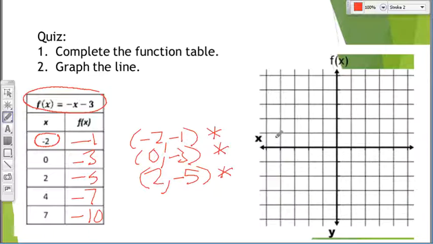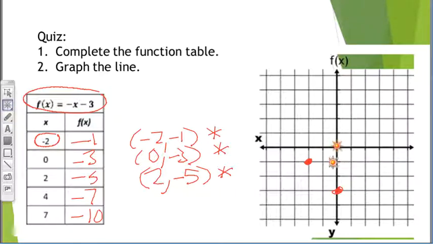So negative 2, negative 1. From the origin to get to negative 2, negative 1, we're going to move to the left 2 and down 1. The x-coordinate is negative 2, the y-coordinate is negative 1. So this point right here is negative 2, negative 1. 0, negative 3 is right or left 0 and then down 3. 1, 2, 3, right here. 0, negative 3. 2, negative 5.